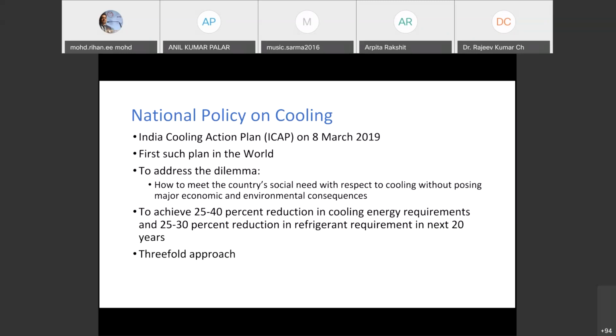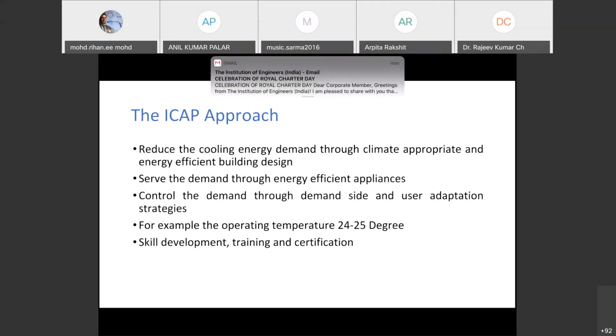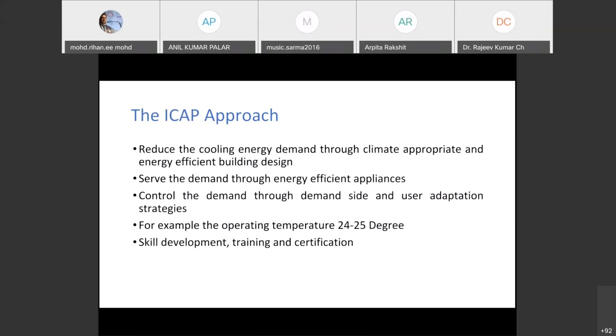So in this plan, targets have been set to reduce the requirement in cooling as well as energy, as well as technological advancements in 20 years. A threefold approach is being proposed. First, we try to design such buildings and areas that the cooling energy requirement is reduced.